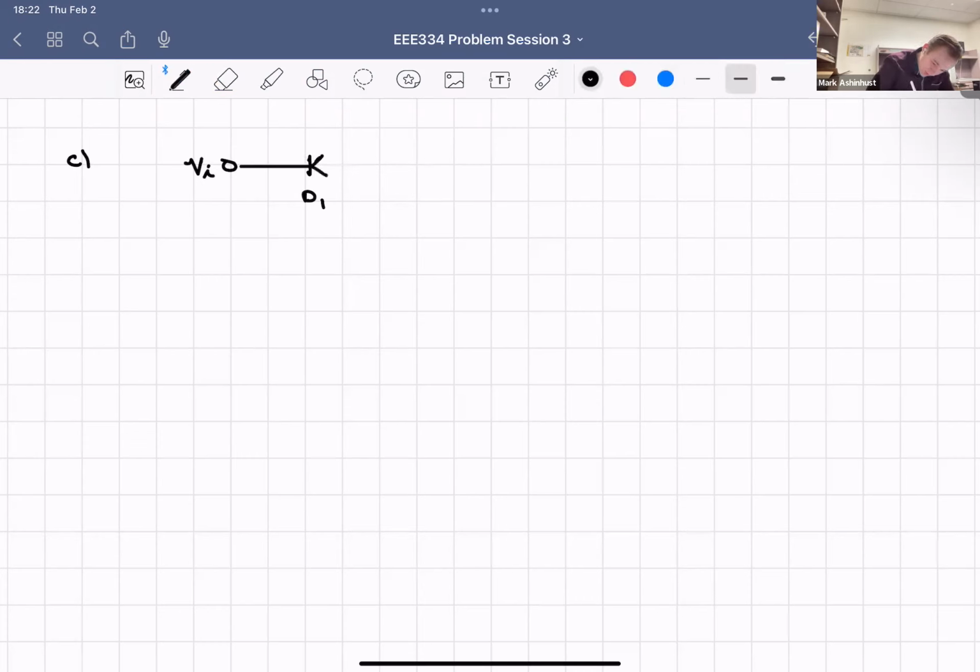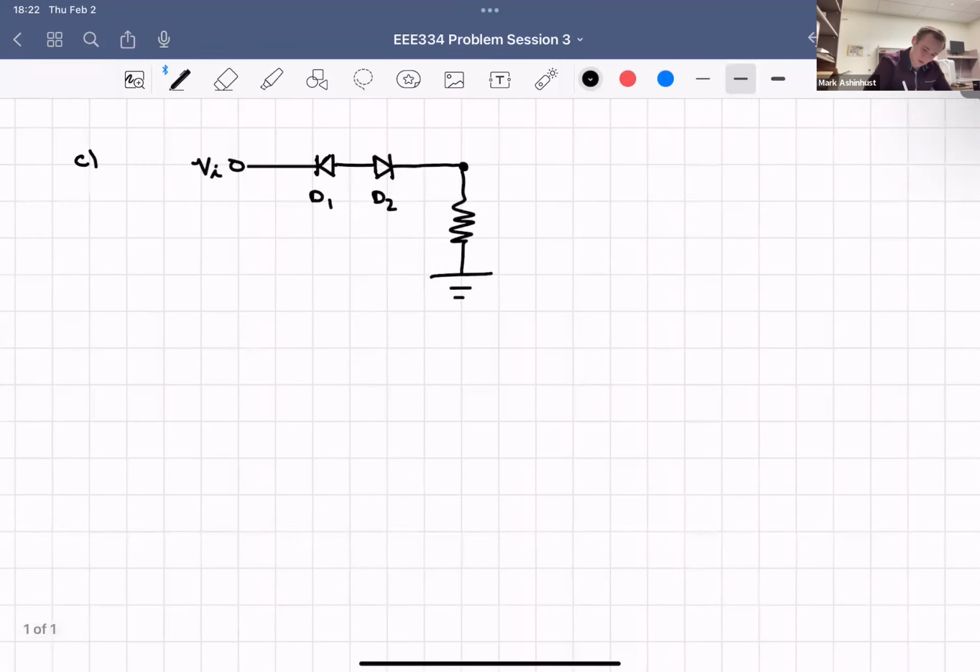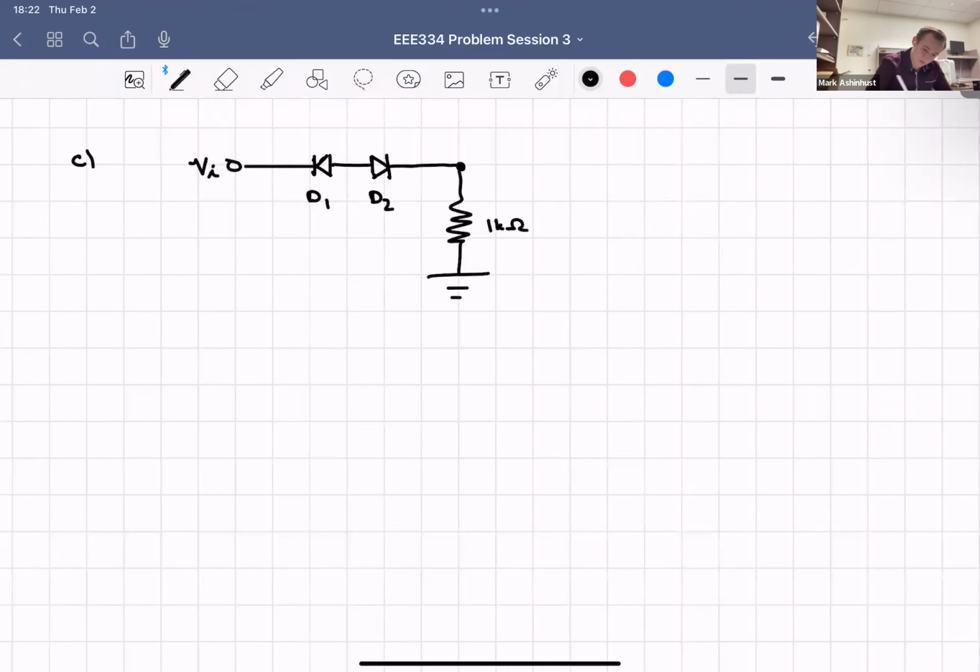You see, they're facing opposite directions. This is going to be important. So D1 and D2, we have a resistor going down here to ground, a 1 kilo ohm resistor, and then V out.